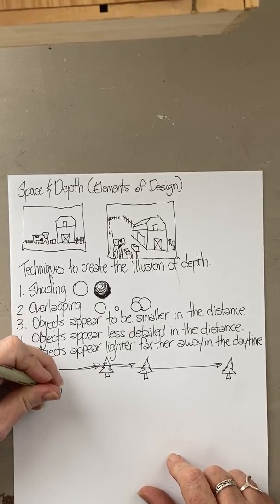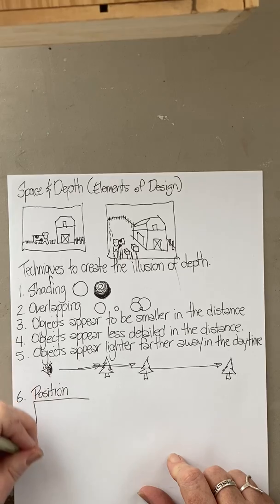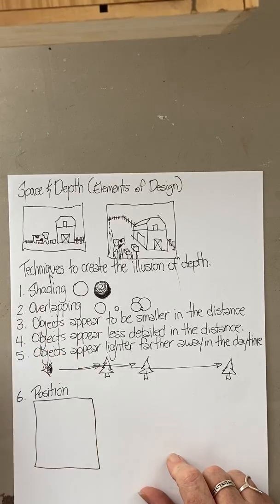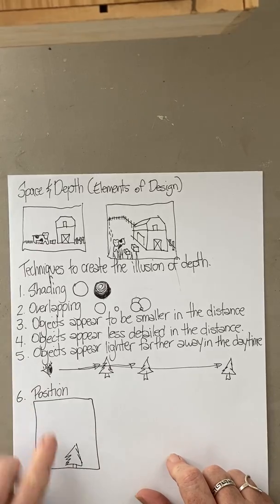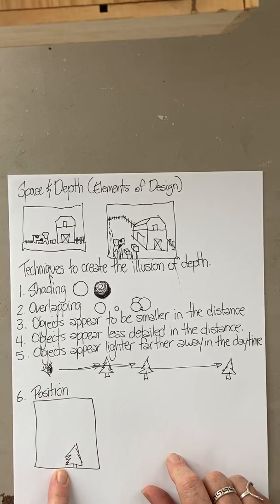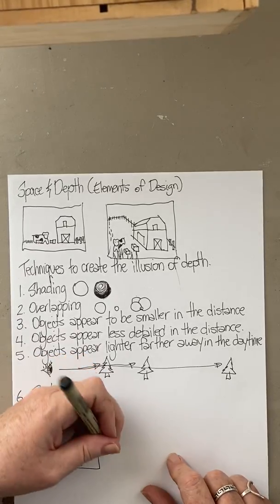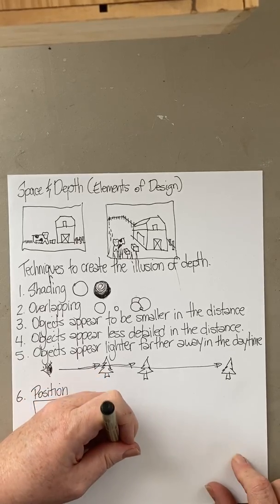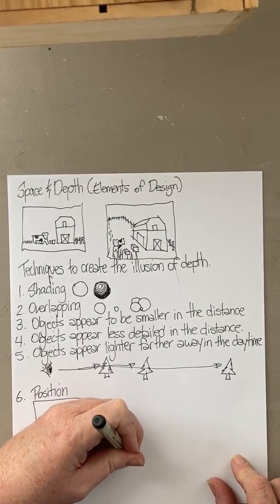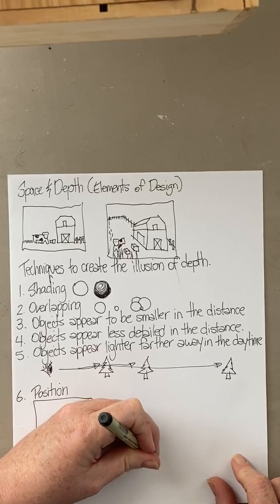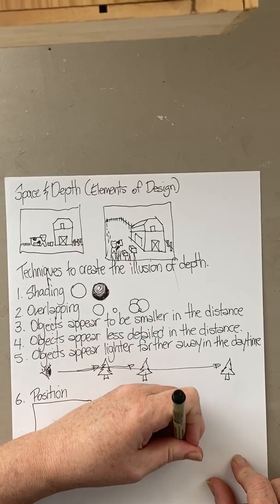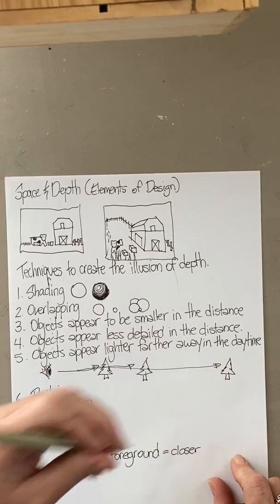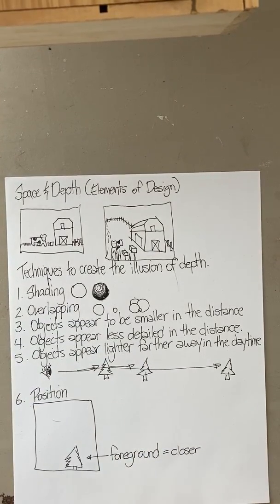So where you draw things on a page will also help determine whether it looks closer or far. So I'm going to take that tree, and when you stick things down here in the lower part of the page, they appear to be closer. So that part of a piece of artwork is called the foreground, F-O-R-E, and that makes things look closer.